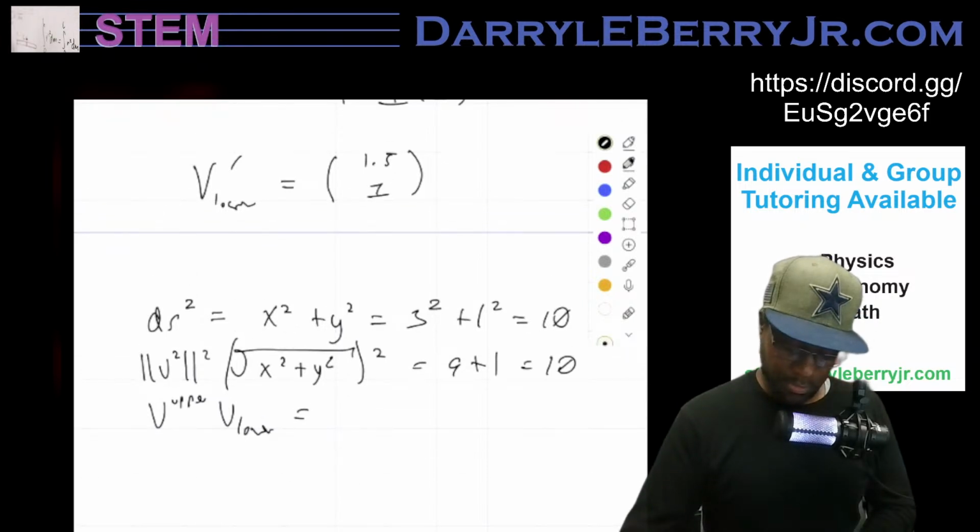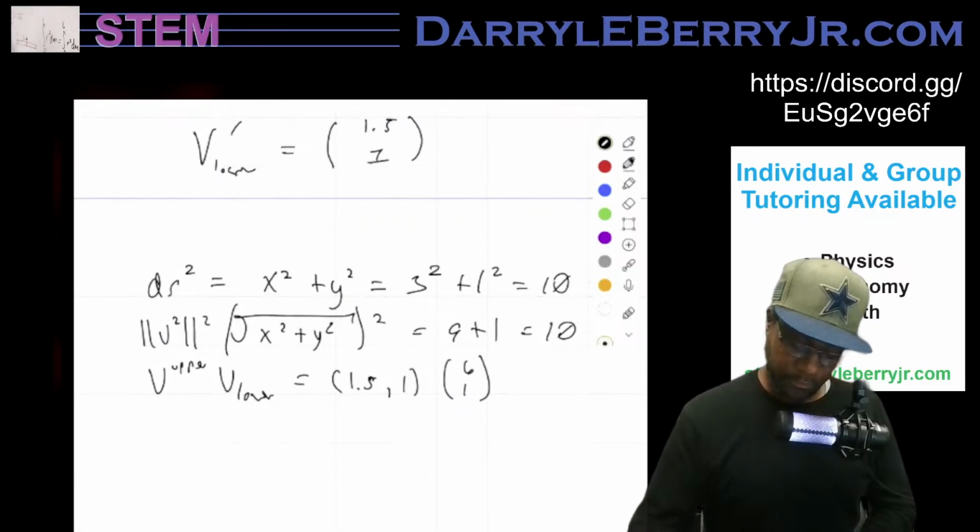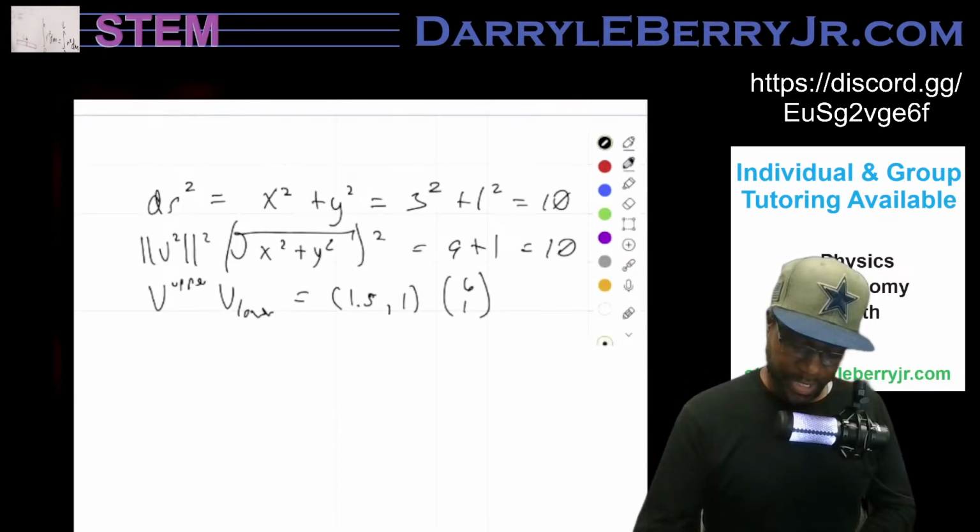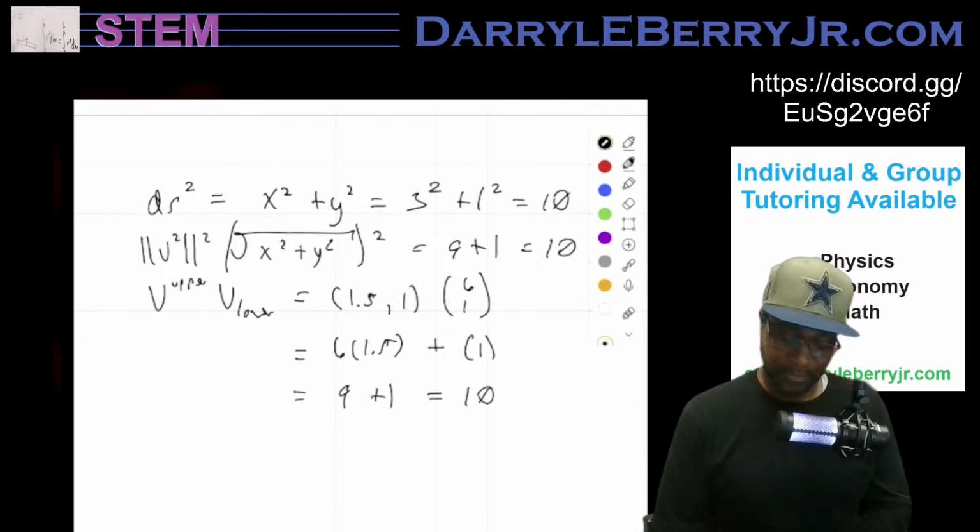It's going to be 1.5, 1, 6, 1, right? So we have 6 times 1.5 plus 1 times 1. So that equals 9 plus 1 equals 10.